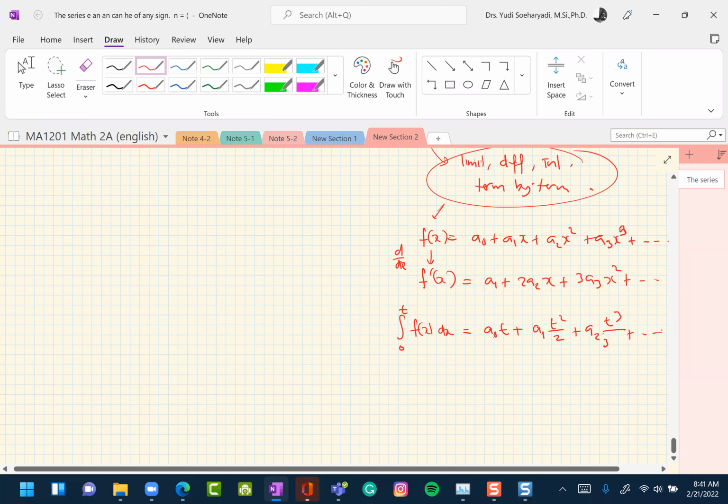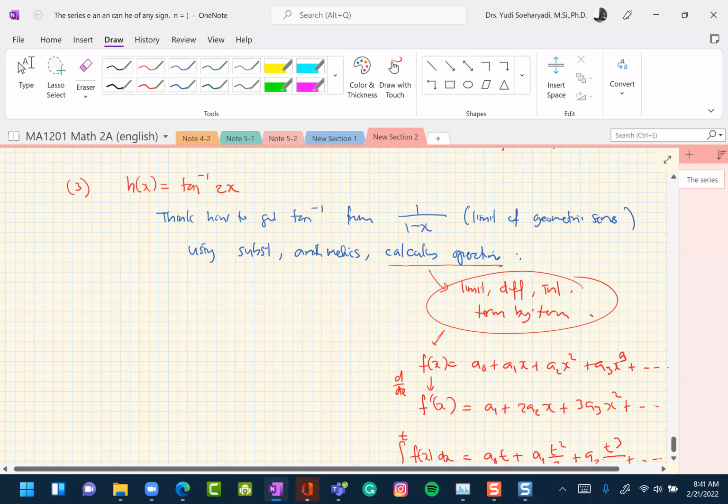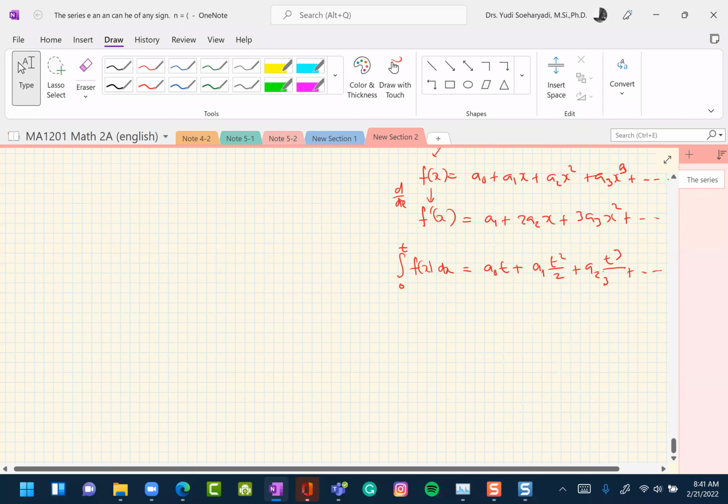Okay, so term by term operation. Okay, so here, let's see how we get this tan inverse 2x. Okay, so let's think about this one here. So let's see.